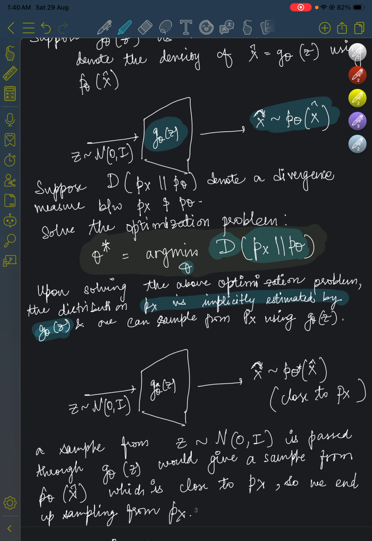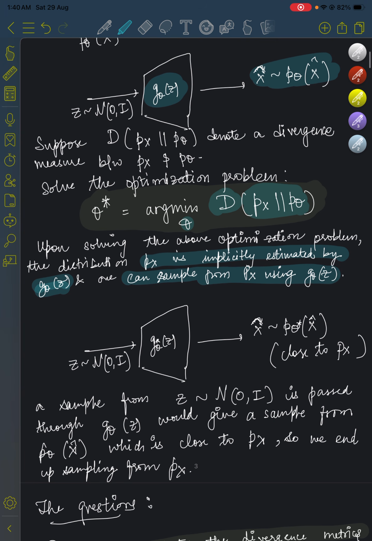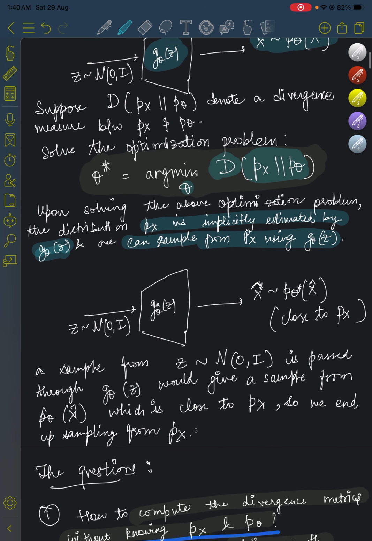So after solving this optimization, we can sample from px using g theta of z, because that is a neural network, and even though we don't know px, we can have some form for g theta of z.